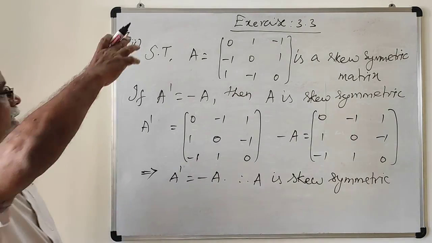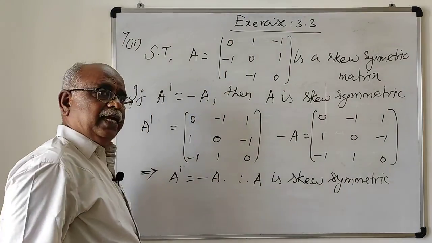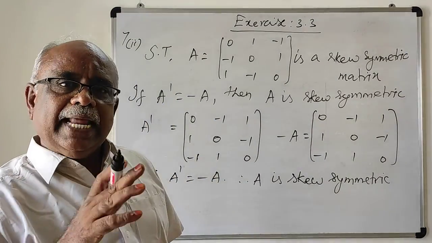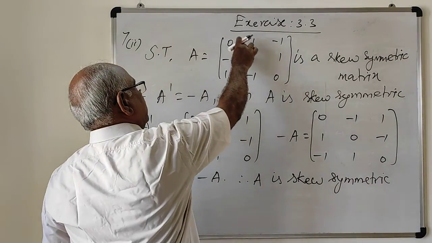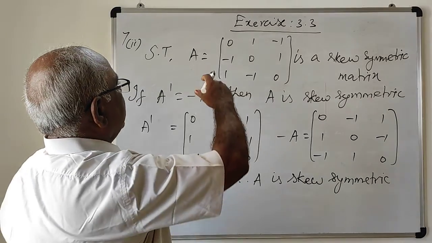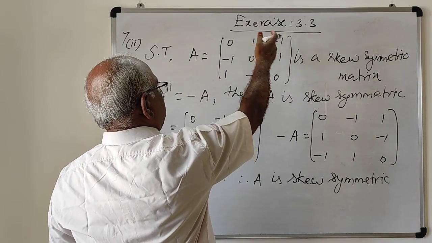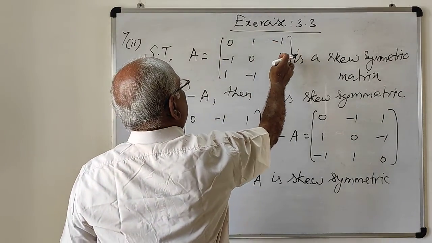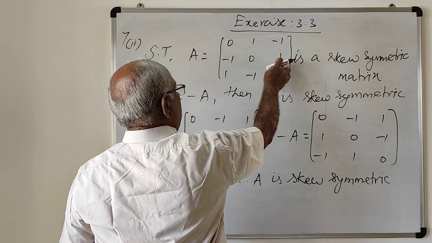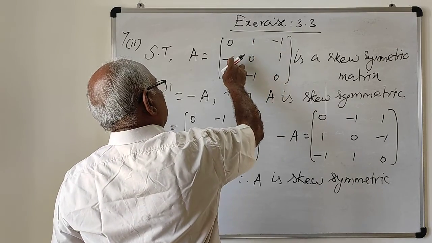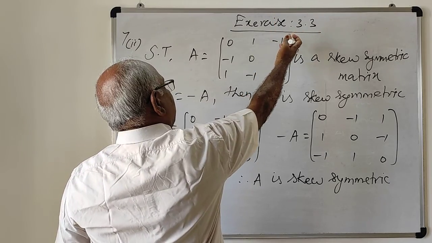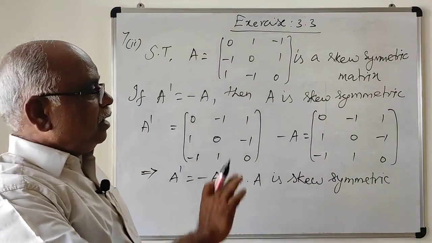Here also, by merely seeing the matrix, we can say it is skew symmetric, because by definition of a skew symmetric matrix, all the diagonal elements should be 0. Above the diagonal elements and below the diagonal elements, the elements are of opposite sign.